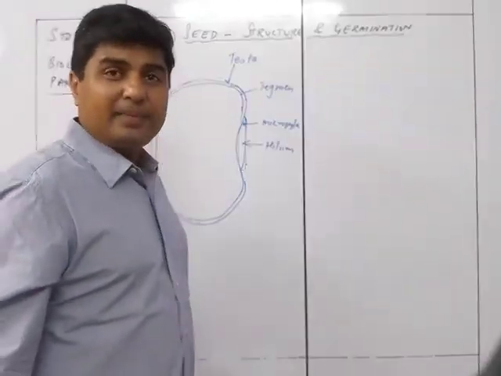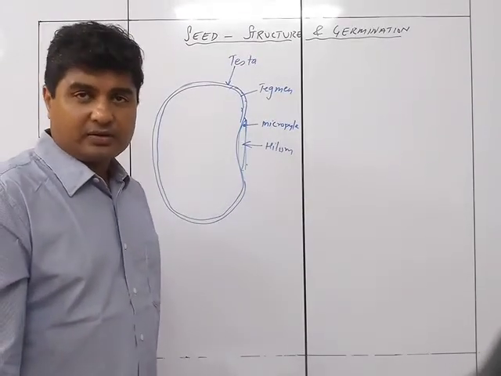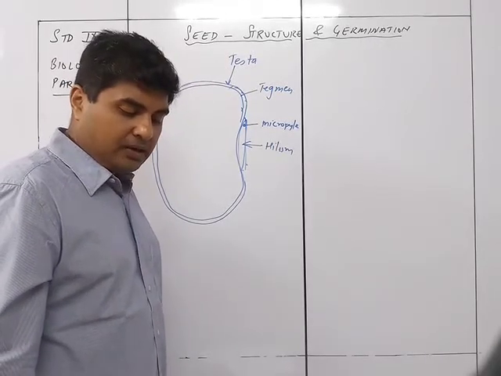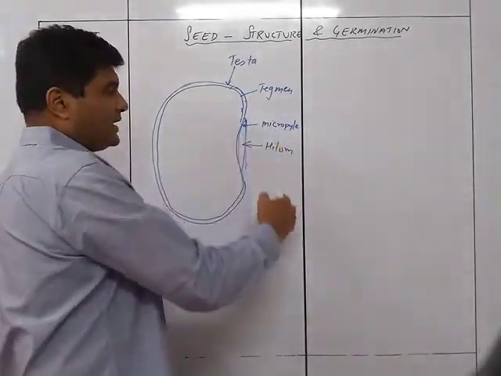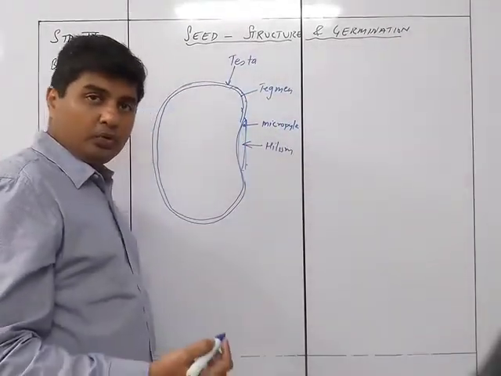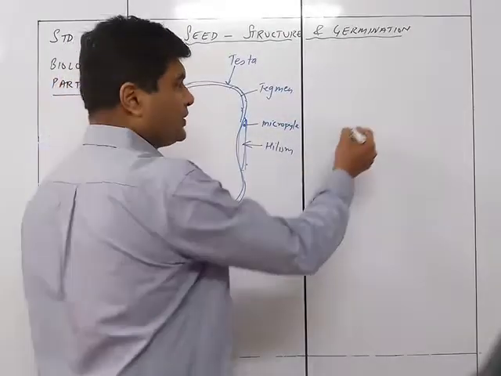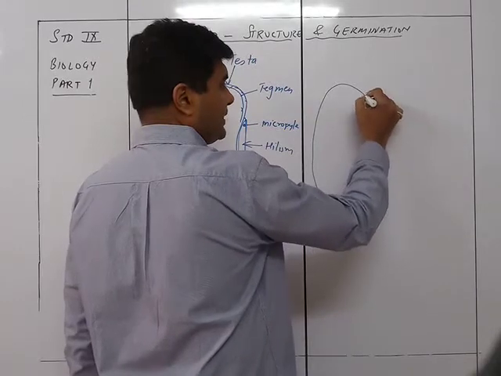In a seed, the micropyle is going to help to absorb water inside the seed. And when it is going to start growing, there will be a radicle coming outside and the plumule going out. So this is the dicotyledonous one. Because it's dicotyledonous, when it opens up, the figure will be something like this.